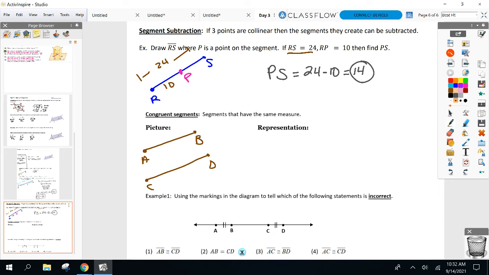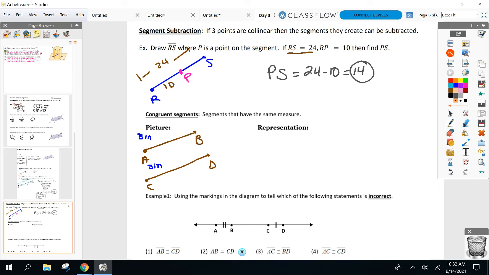How are you going to know that they're the same length? The only way you would probably know, and don't write this on your diagram, is if I tell you the lengths, right? Let's say that's 3 inches and that's 3 inches.